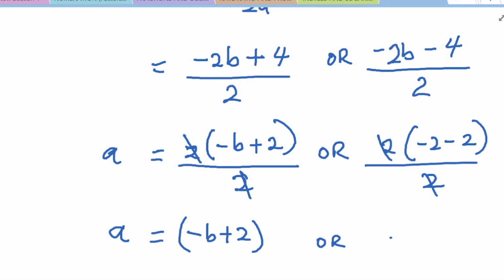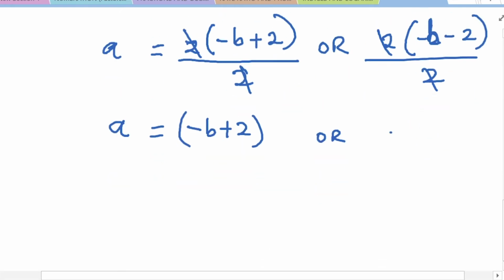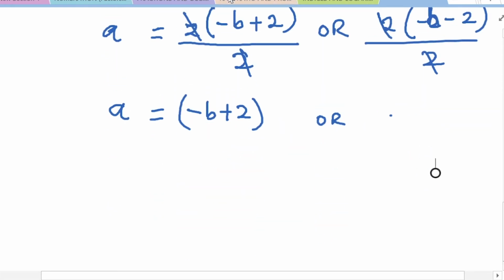This is negative 2b. Or it's negative b minus 2. That is a.